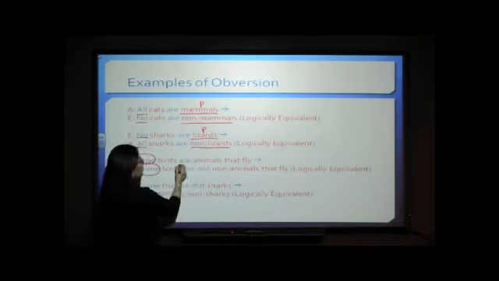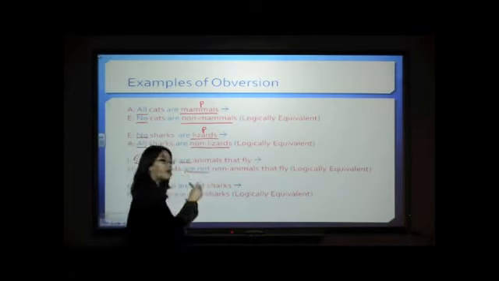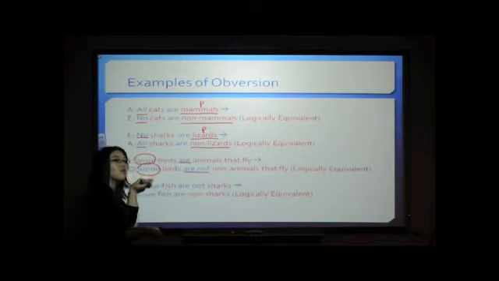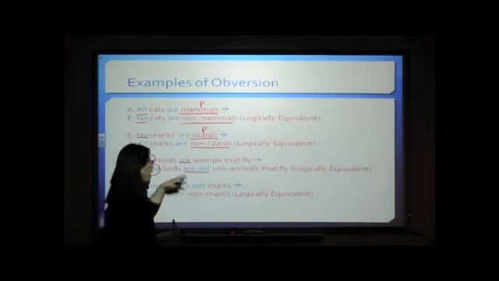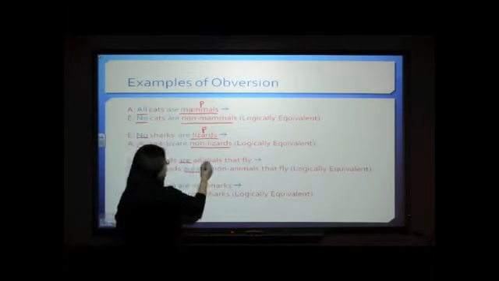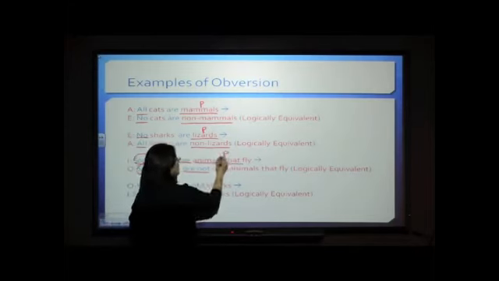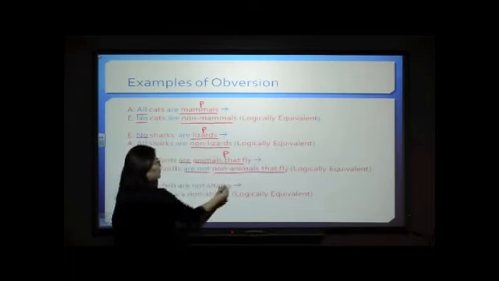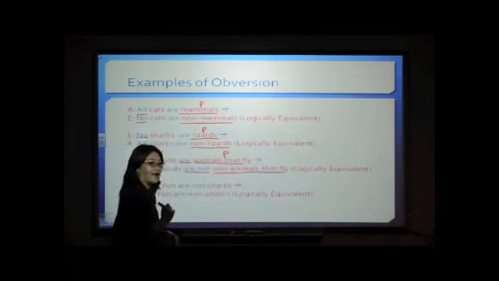Okay, so here we went from an R to an R not, okay, and this changes the quality without changing the quantity. Okay? And then what we've done is replace the predicate term with its term complement. So here we have the predicate term, which is animals that fly, and we now have the term complement as the predicate, which is non-animals that fly. Okay?